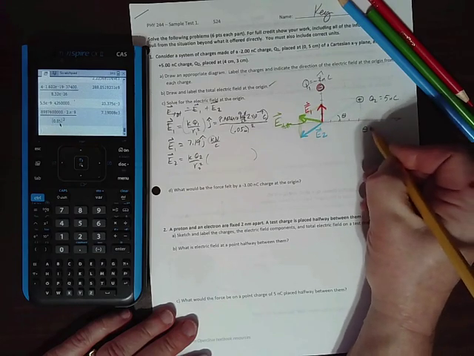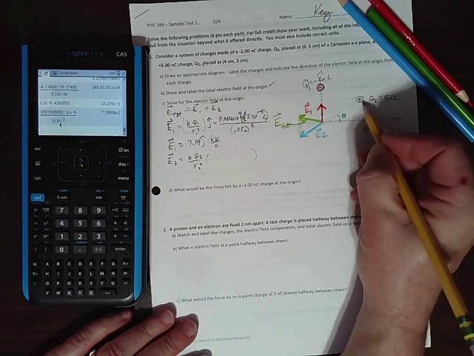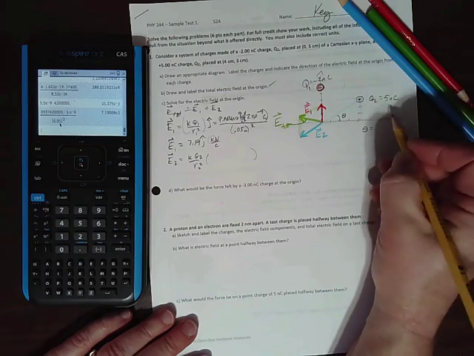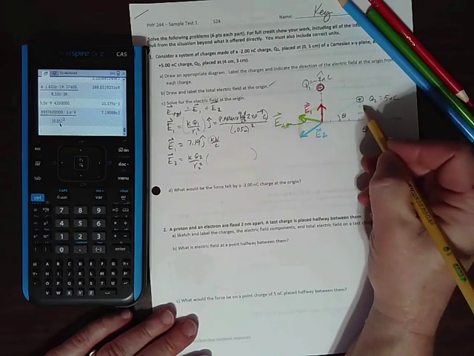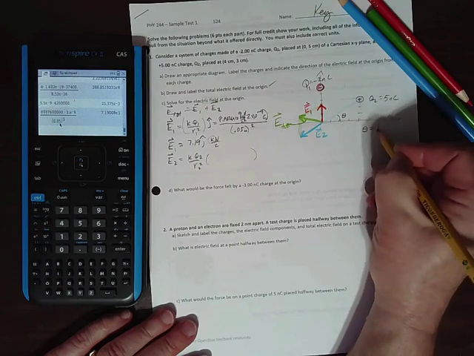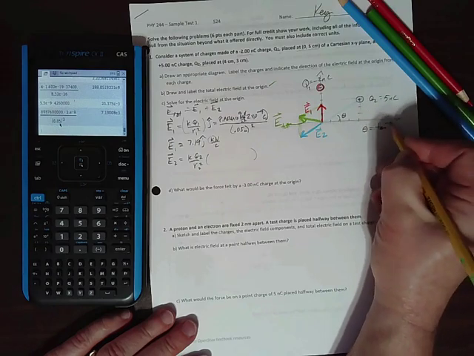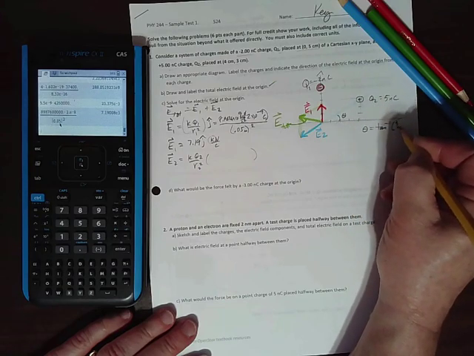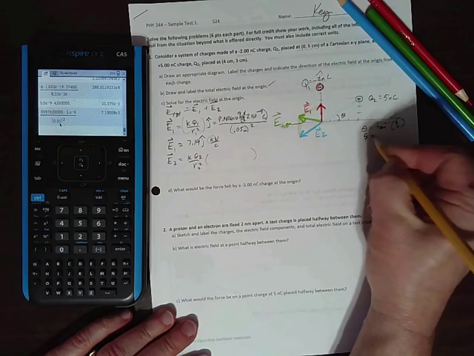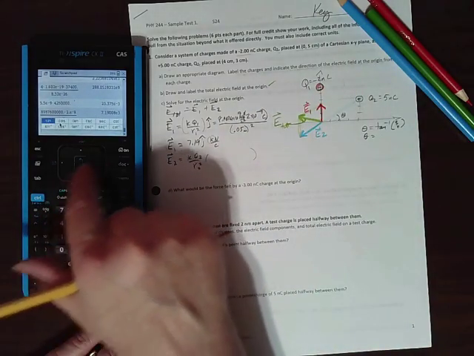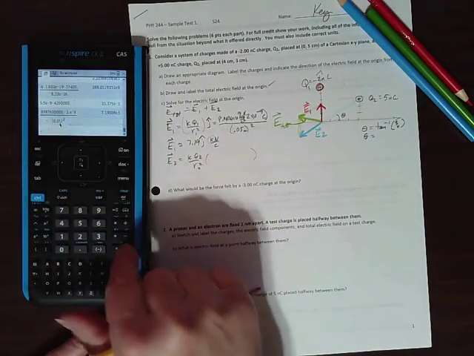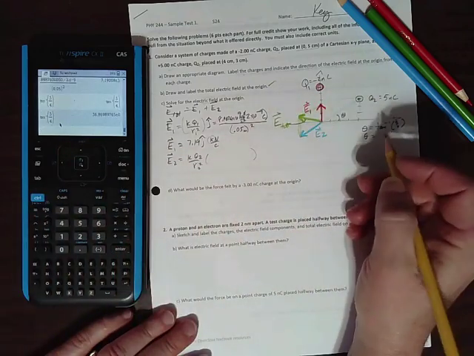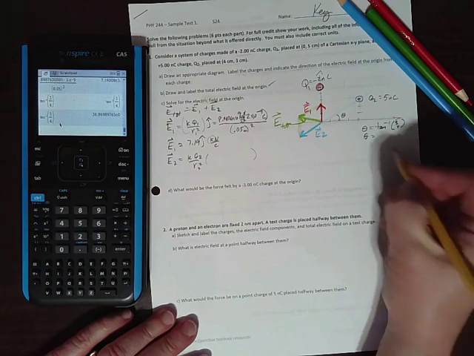If we get theta, we know that this side is 3. Tangent theta is opposite over adjacent, so tangent theta is 3 over 4. Theta is the tangent inverse of 3 divided by 4, which is 36.87.